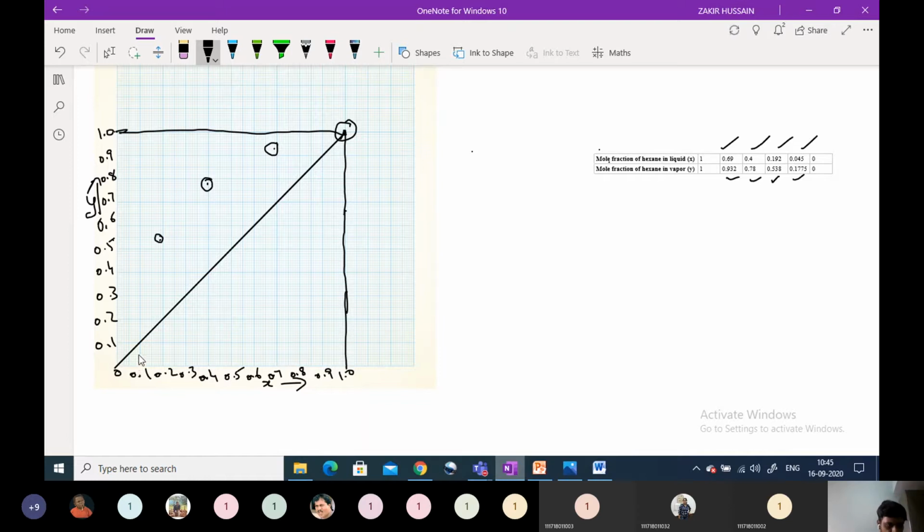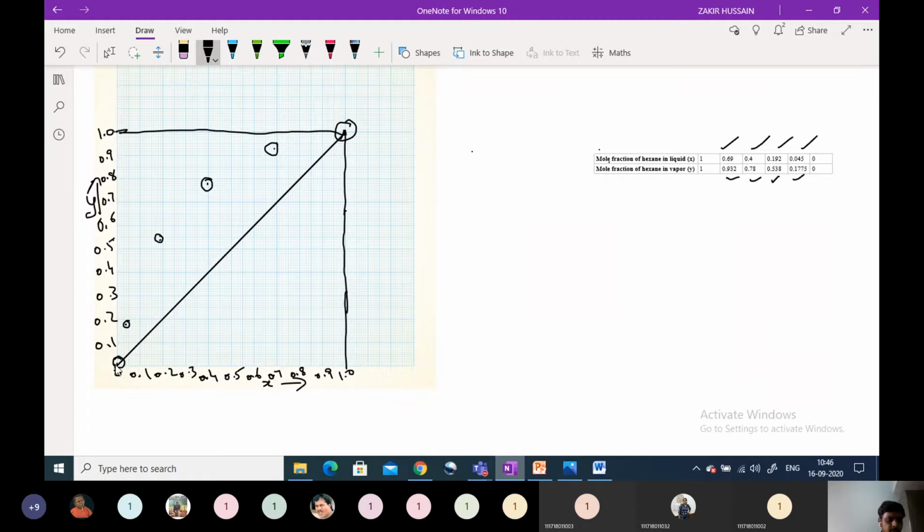So 0.04 is this one on the x-axis, and on the y-axis 0.177, 0.17 we can take. It will come around here. Then it is 0 and 0, so 0 and 0 is this one.